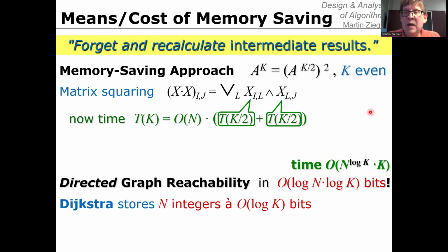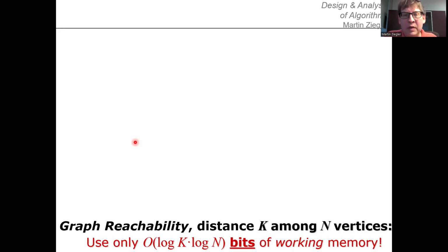So now let's move on to apply this, namely to consider parallelizing the memory efficient algorithm to our related efficient parallel algorithm for graph reachability. So this memory efficient algorithm uses log k times log n bits of working memory.